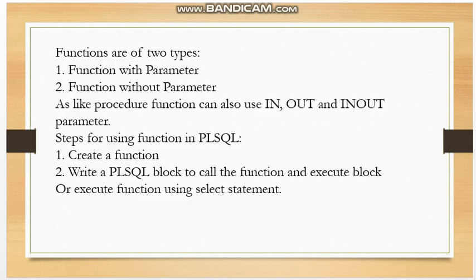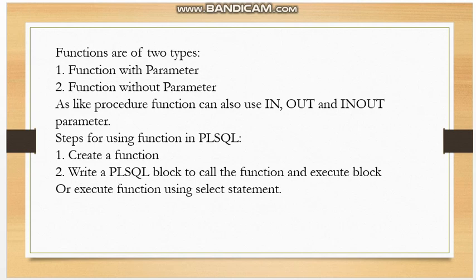Functions are of two types: function with a parameter and function without a parameter. If you are writing any function and it does not have any parameter, it is a function without a parameter. And if the function is taking some parameter from the user, we say it is a function with a parameter.